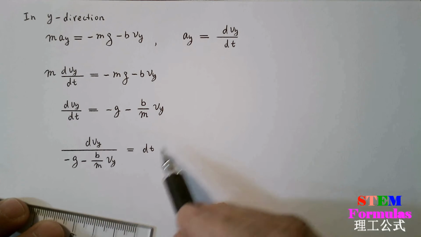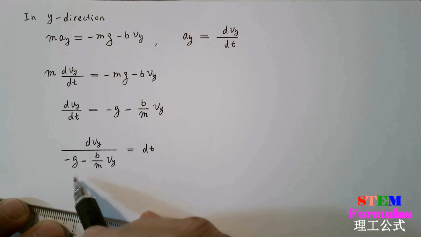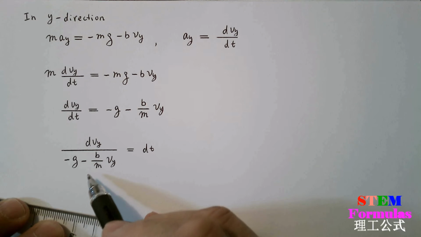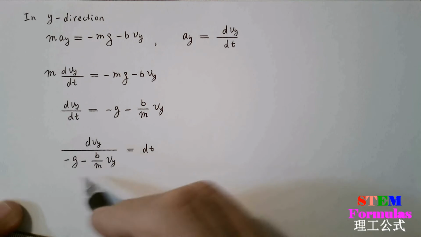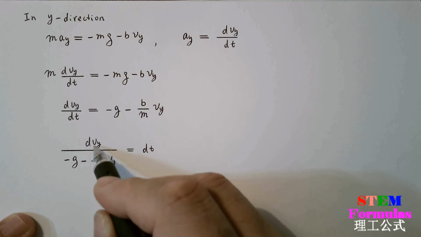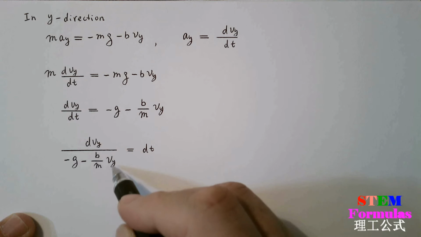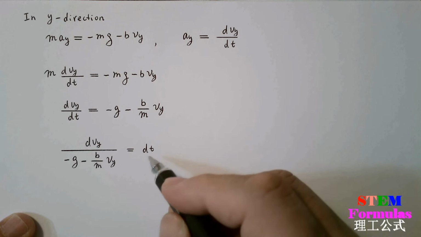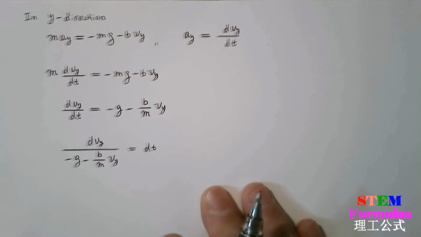So dt we move to the right, and this term we move to the left. So now on the left side we have only vy, and on the right side we have t, time.